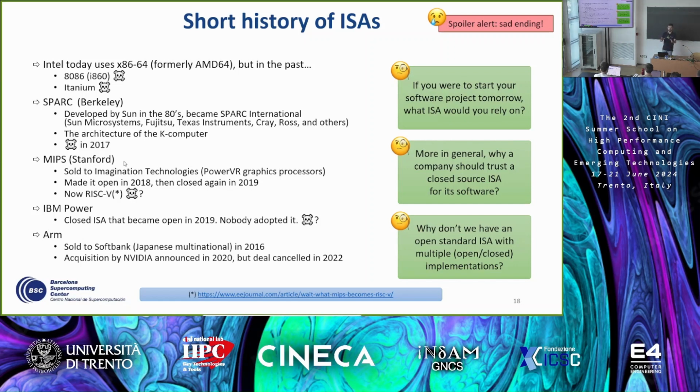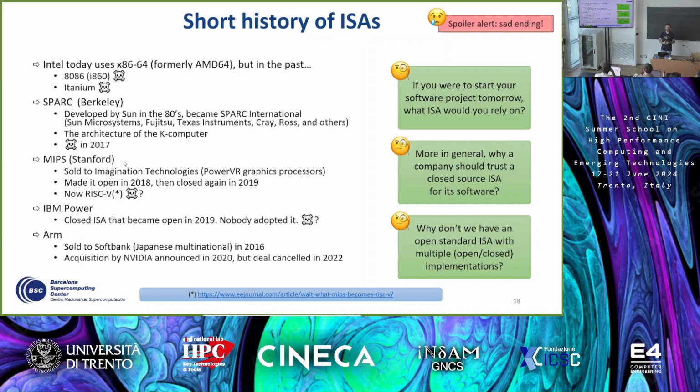ARM happened the same. We had a sort of shake a couple of years ago, right? Because at some point it seemed that NVIDIA wanted to buy ARM, and then the deal was canceled 2 years ago. Okay, so this is just to give you an example.